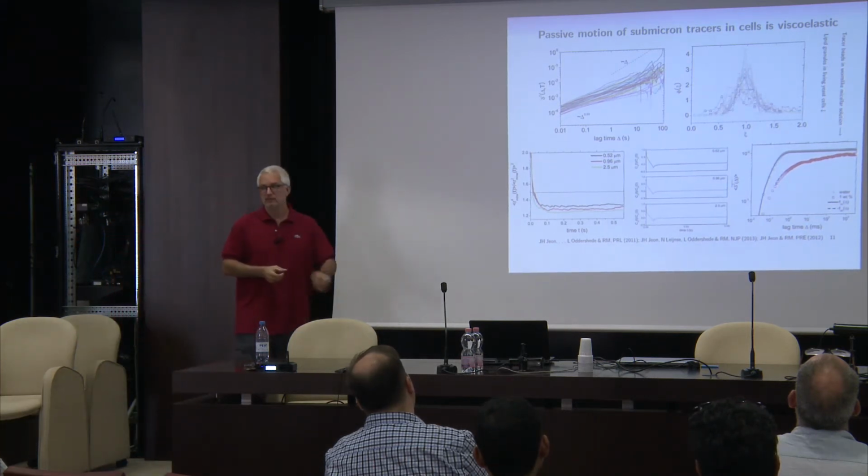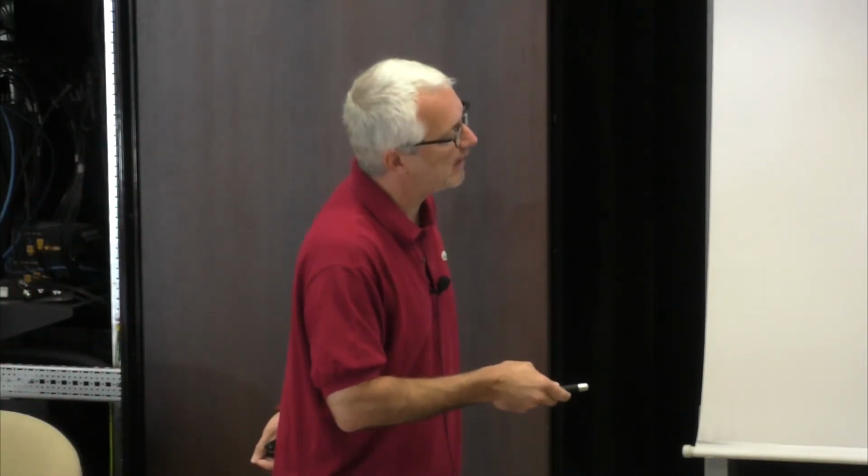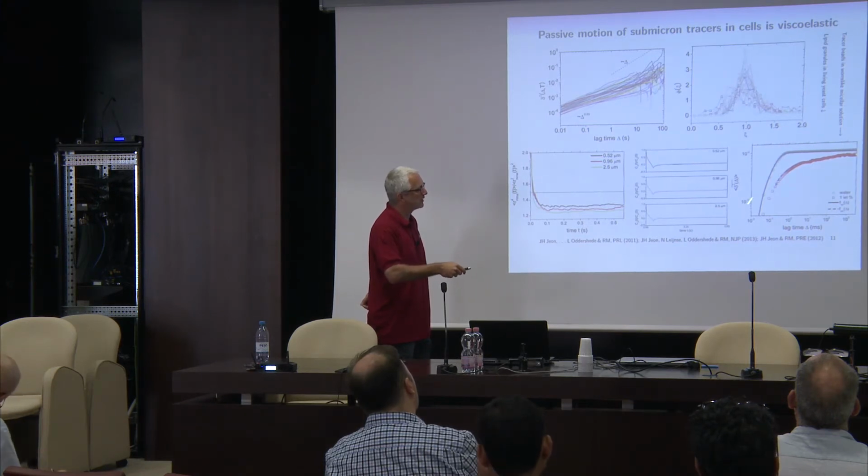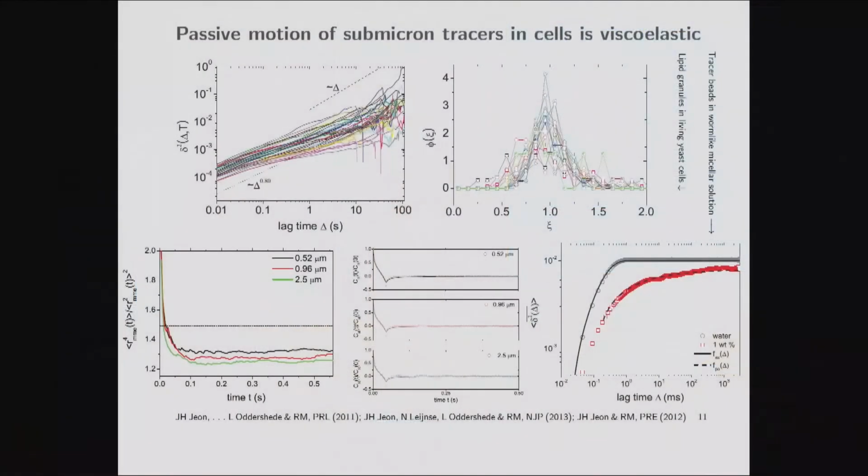And despite the fact that this process is asymptotically ergodic, when you kick it out a little bit of its comfort zone, I don't want to go into the mathematical details, you can actually show that the relaxation in the harmonic potential is no longer exponential. This is an experiment in water. Here you see the very fast exponential convergence to the thermal value. In the viscoelastic solution, it is replaced by a 1 minus power law recovery. So in this sense, it is a transient non-ergodic behavior, if you want.